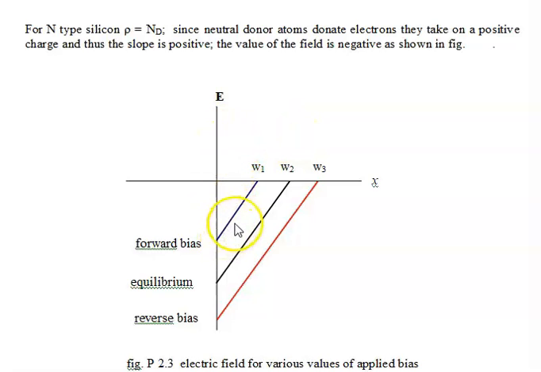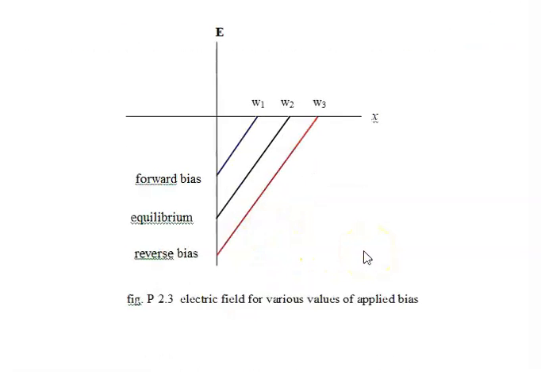That is why we have negative electric fields but a positive slope, and the slope is independent of the applied bias.